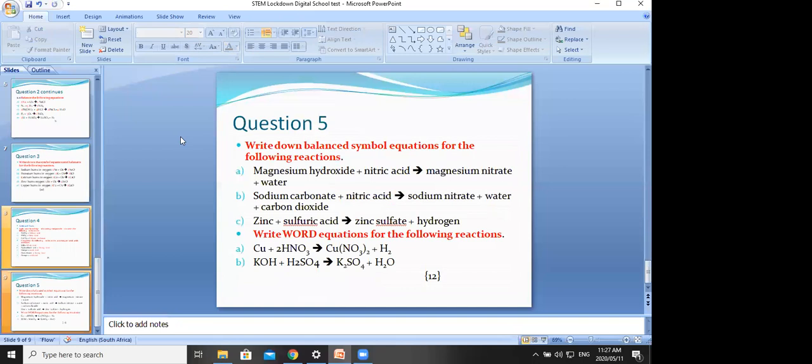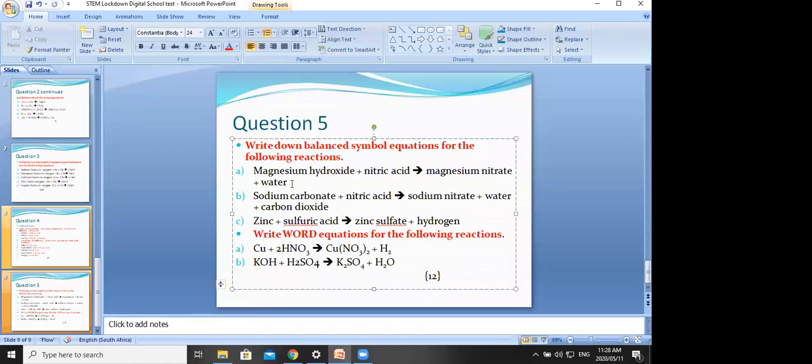The last question, grade 9. They said to you, write down balanced symbol equations for the following reactions: magnesium hydroxide reacting with nitric acid to give us magnesium nitrate plus water. Any questions before we go?